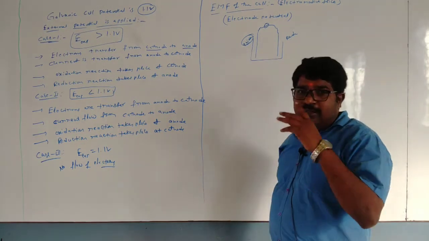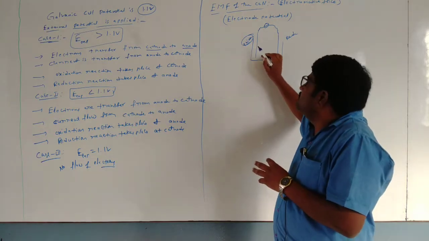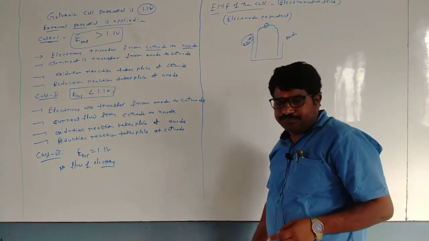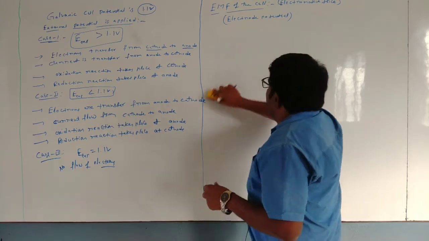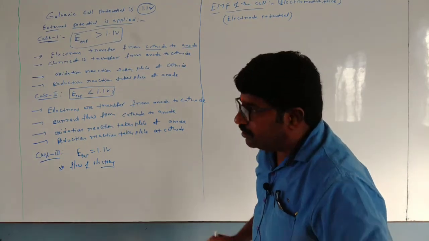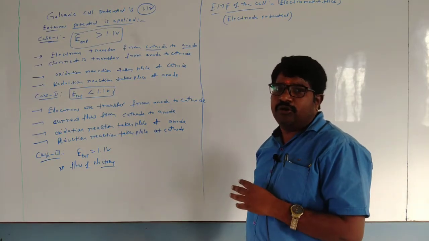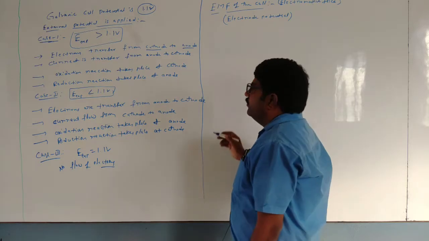That is called oxidation potential. Reduction reaction takes place at the cathode, and that is called reduction potential. The potential difference between the electrodes is called the EMF of the cell.